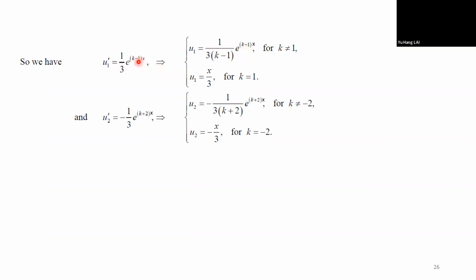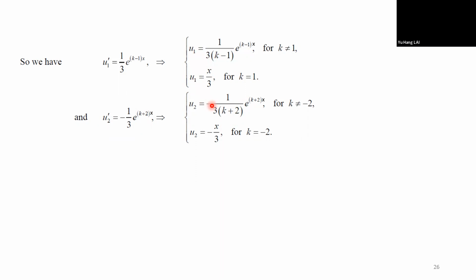But if k is 1, then this whole thing is just a constant, and after you integrate, you just get a linear function in x. Similarly for U2, just integrate. Then you get U1 and U2, and you are done. That's the particular solution.